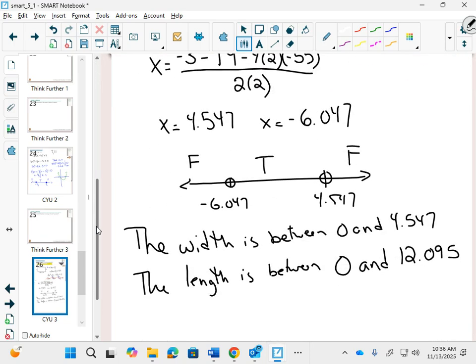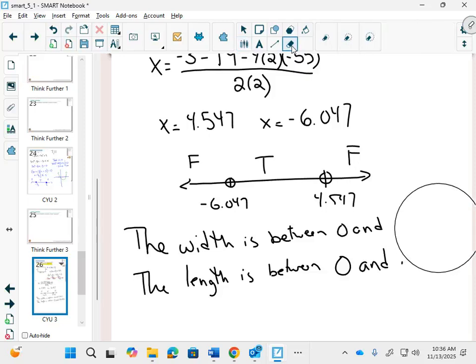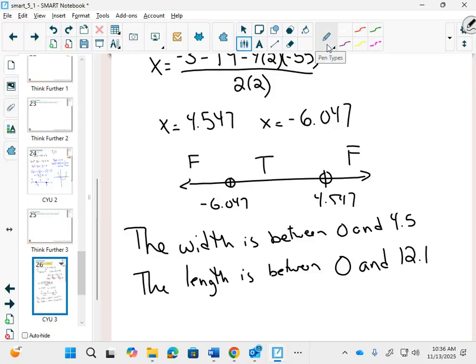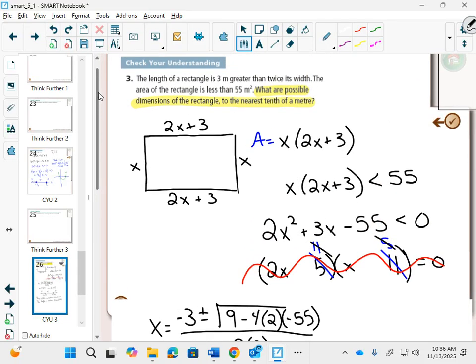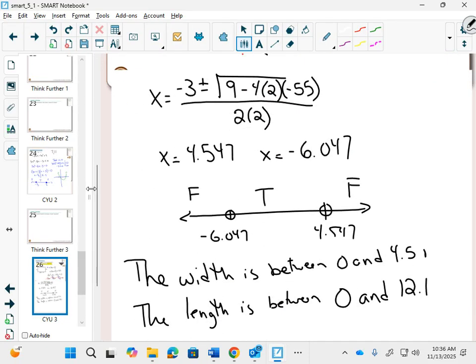So then I would have to go back to here, take my eraser off. Here we go. And this one will be 12.1. And it is a word problem. What were our units? Meters. So I have to make sure that I check my rounding and check that I include my units in the end.